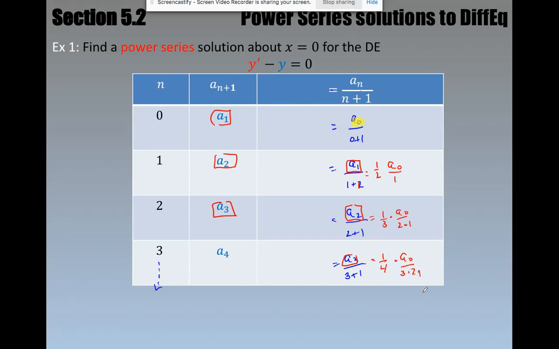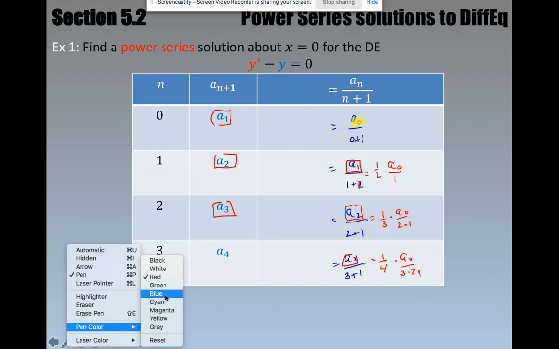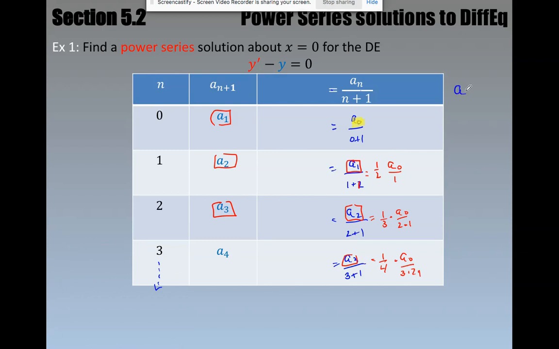Oh, hey, a sub n is equal to a sub 0 over what? N factorial. Right? So a sub 0 is equal to a sub 0 over 0 factorial, which is just 1.